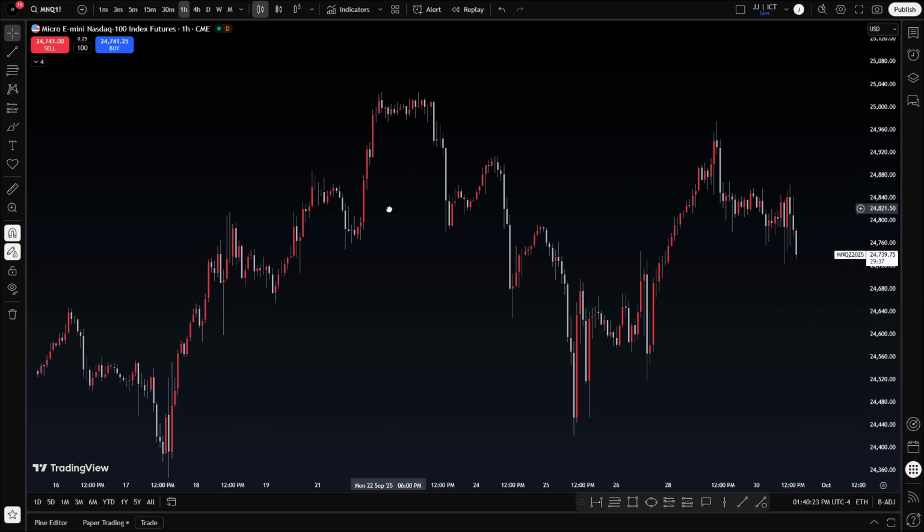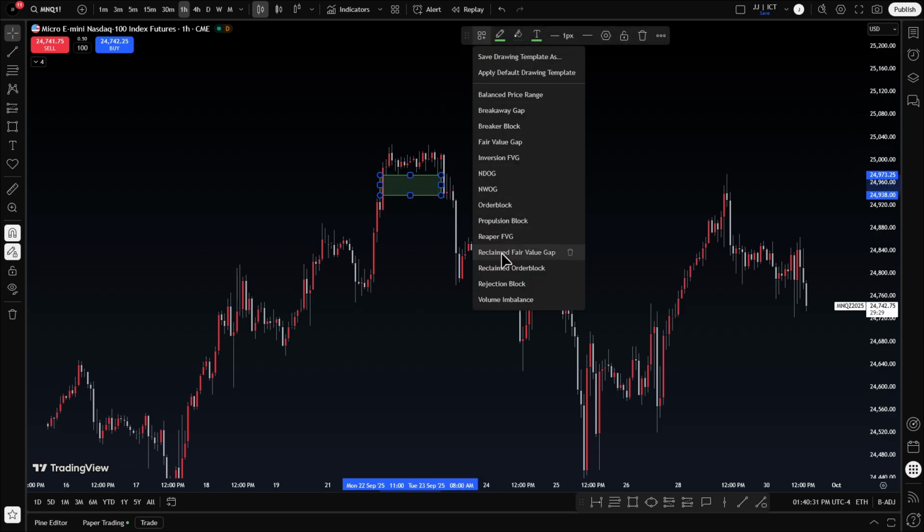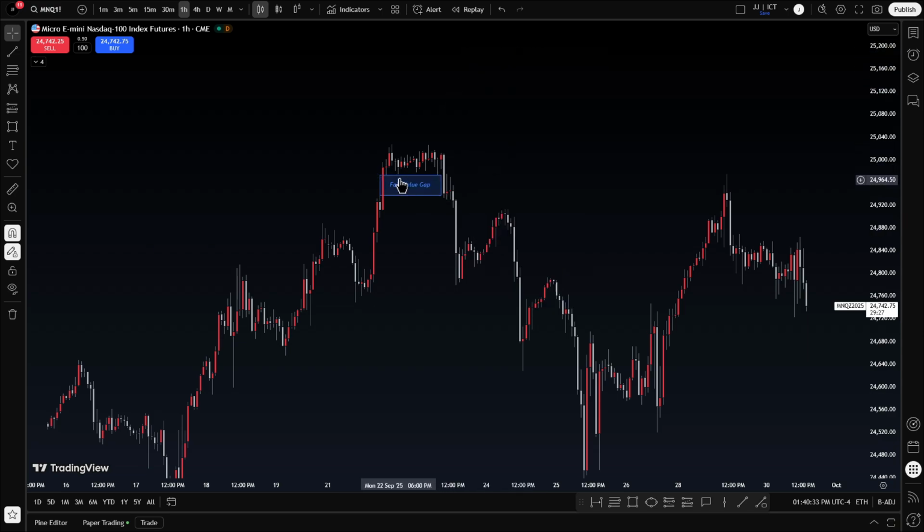If we use that same example, here is this bullish fair value gap. But look at what happens here. Price runs through it aggressively. That's what you want to see. You don't want to see it just trickle its way down.